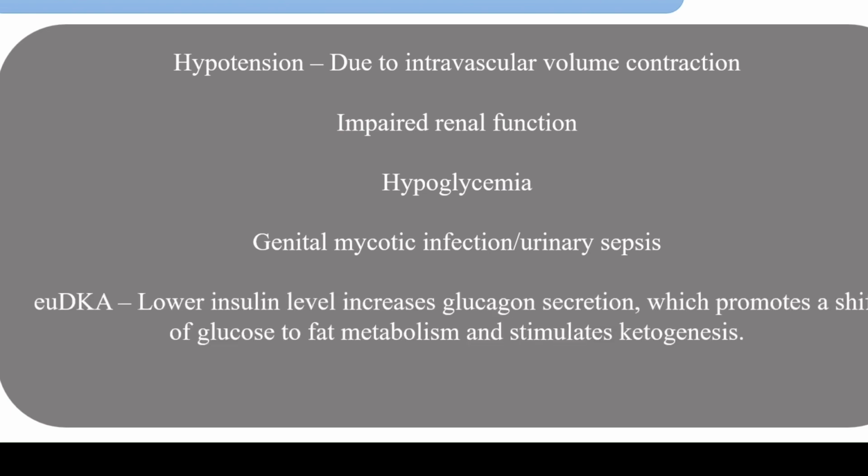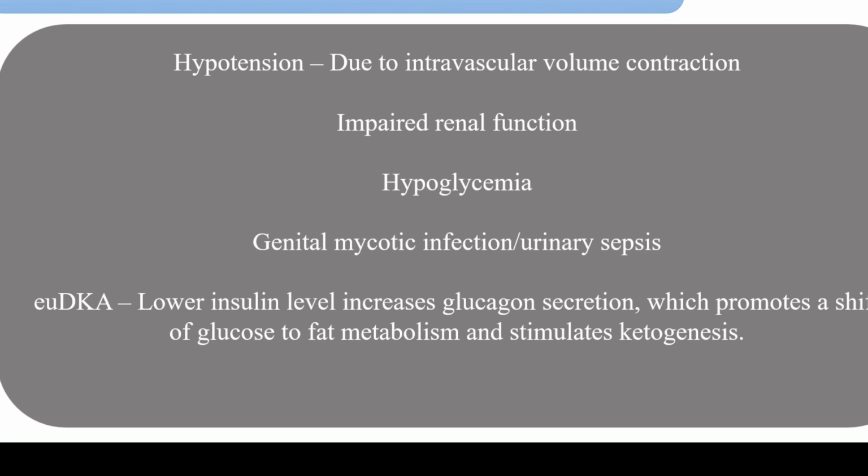We may get DKA, diabetic ketoacidosis, because of less sugar. The insulin level will decrease, which increases the glucagon secretion, which promotes the shift of glucose to fat metabolism and stimulates ketogenesis. Because of the increased fat metabolism, ketone bodies are generated.